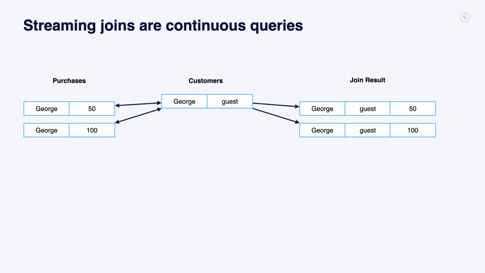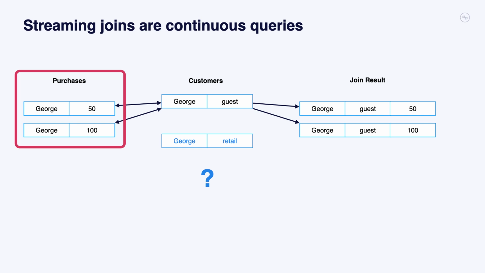Yeah, that sounds right. My question though is, what happens if George changes his status and is no longer a guest customer, but is now a retail customer? How would that work, and how would you join those two records to give you useful information? Yeah, so in the scenario you've just described, we have a fact table, we might say.